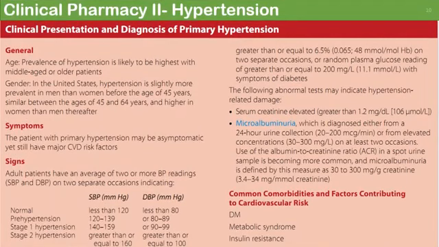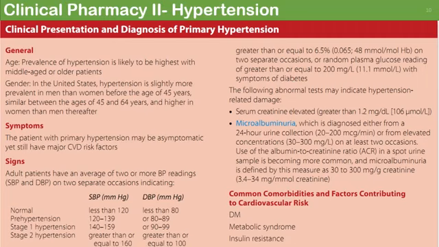This table shows the general clinical presentation and diagnosis of primary hypertension. General points we should focus on. Age: the prevalence of hypertension is highest in middle-aged or older patients. Gender: in the United States, hypertension is slightly more common in men than women before 45 years old.